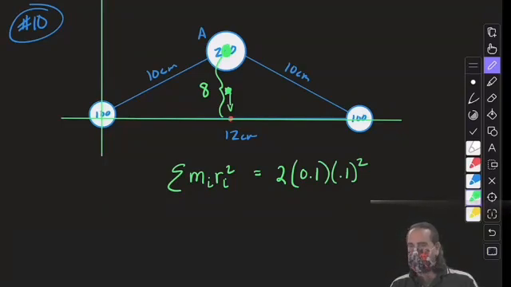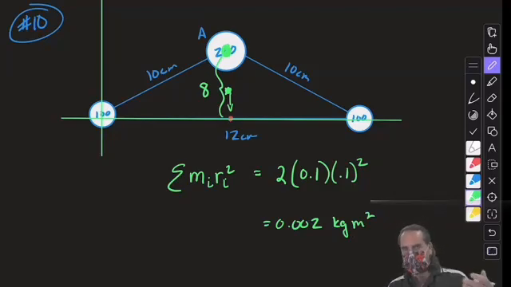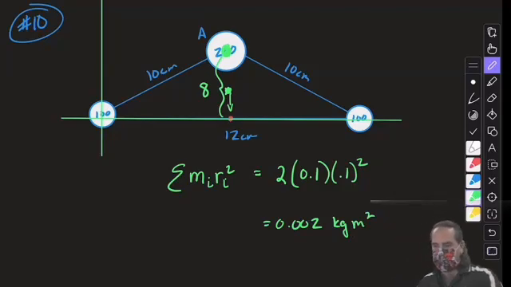It's going to be 0.01 times 0.1, that's 0.001. And times 2 makes it 0.002 kilogram meter squared. But you probably have to put it in terms of kilograms and meters. They didn't ask a particularly interesting question there.